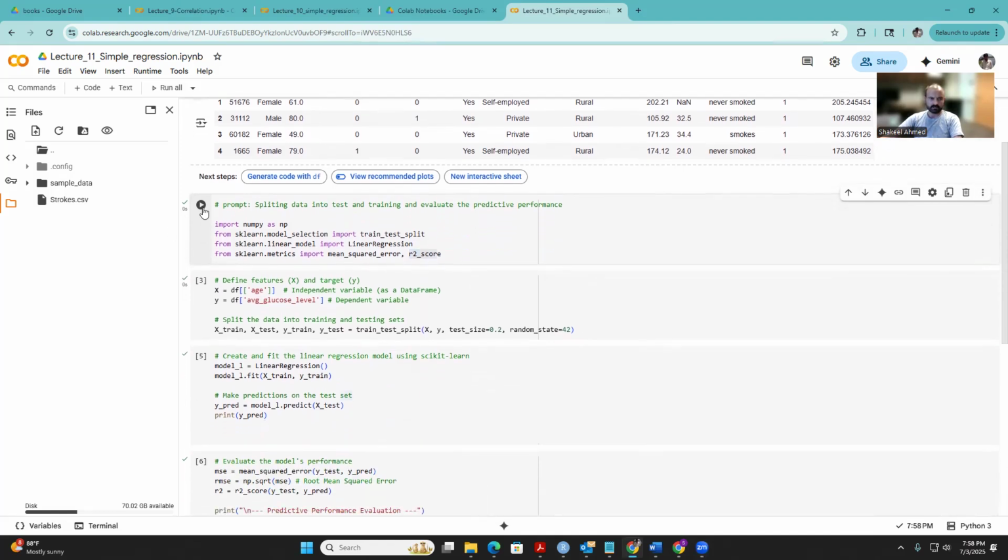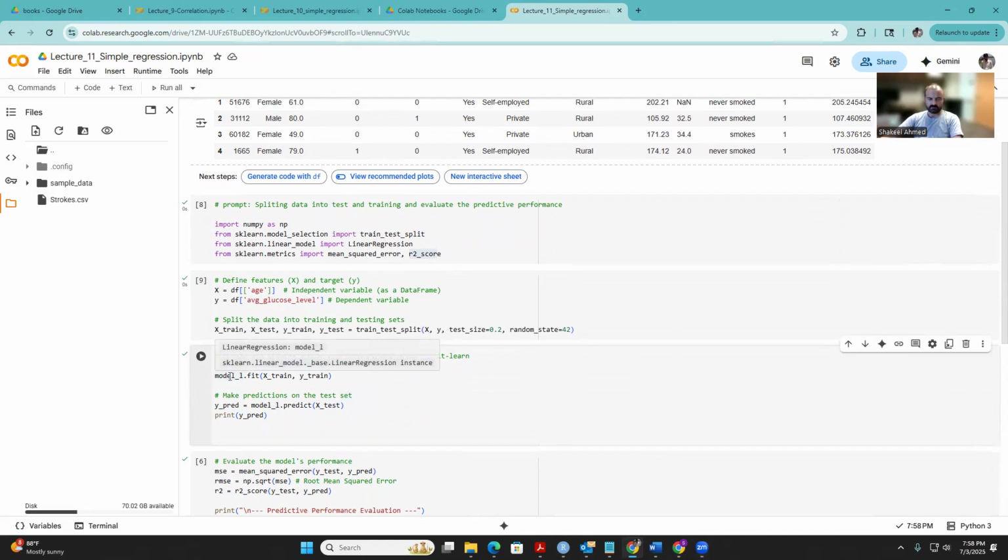Then we can run this and define features X and Y. We have already done this. Then we create and fit the linear regression model using scikit-learn. From scikit-learn, we run LinearRegression and fit the model on X train and Y train.